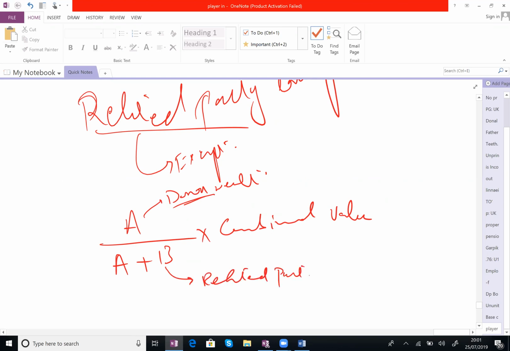Related party means spouse, charity, political party, national institution, right? Exempt party wealth. And the combined value, meaning A plus B combined, is given in the exam. So how will the examiner test this concept in the exam? I will send you a question and we can do it. Give me a minute.